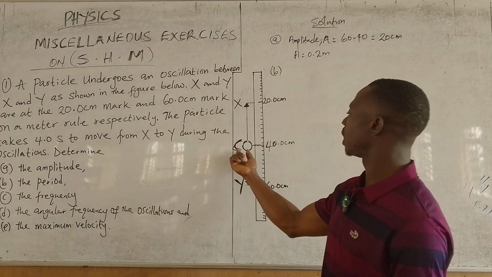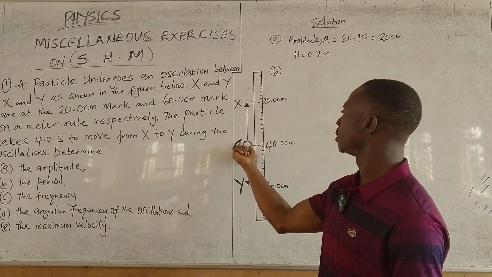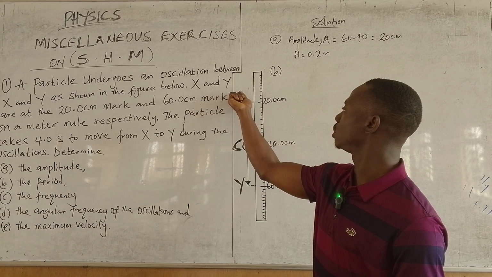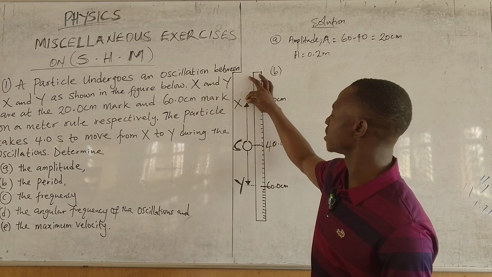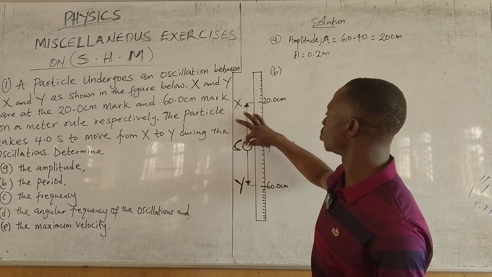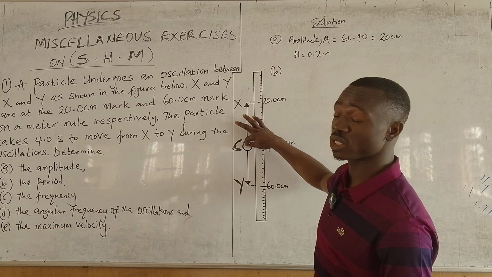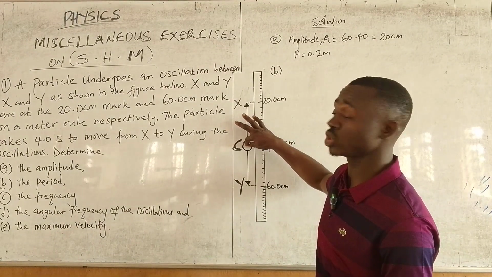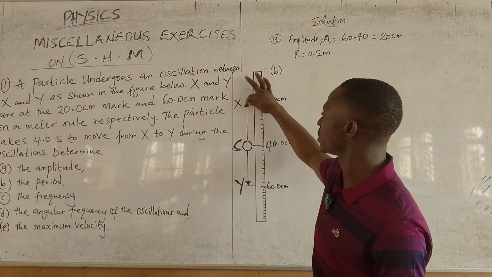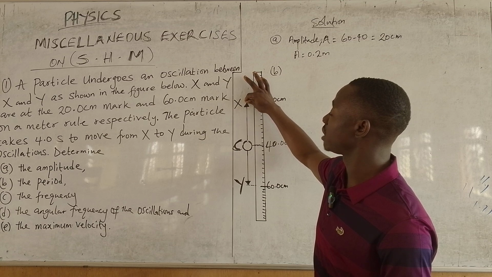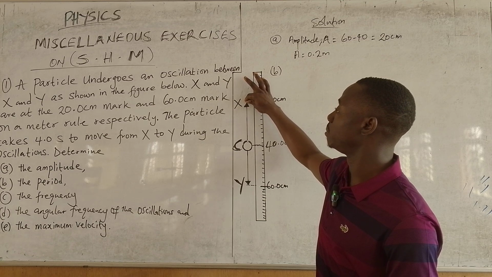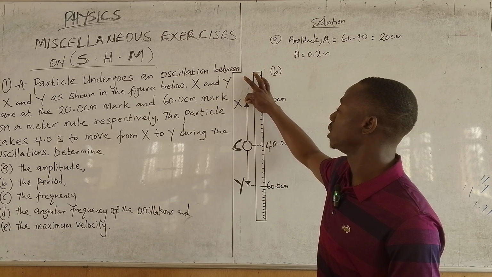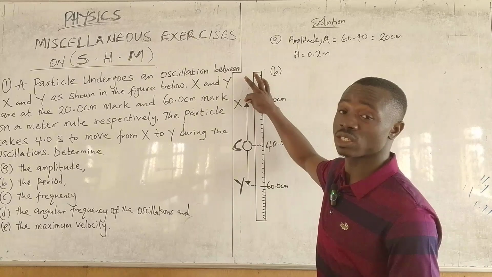So maybe you put your hand here and you displace upward to point X. So we are going to displace our particle from the equilibrium position. So from C you displace to point X, because we are told that the particle oscillates from X to Y. So you displace to point X and you release it.